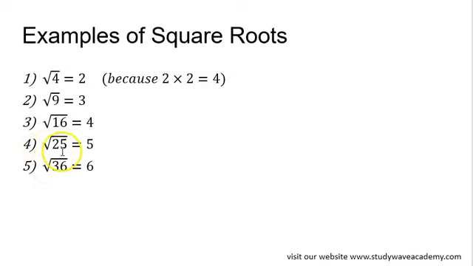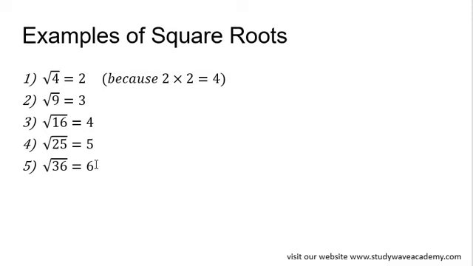And we have 25. We have to look for the square root of 25. It's 5. We say 5 times 5 will give us 25. Okay, we have the square root of 36. How are we going to know the square root of 36? We say it's 6. It's because when you multiply 6 two times, it will give you 36. 6 times 6 is 36.